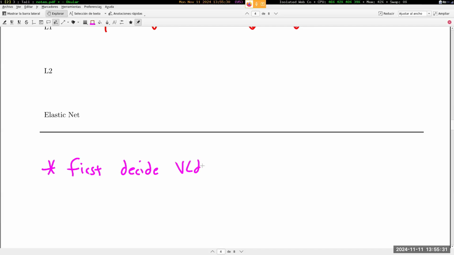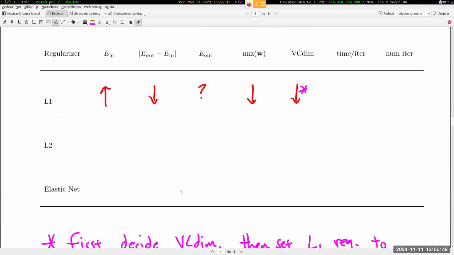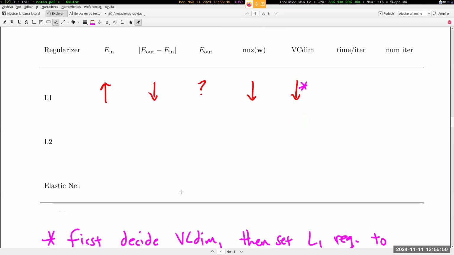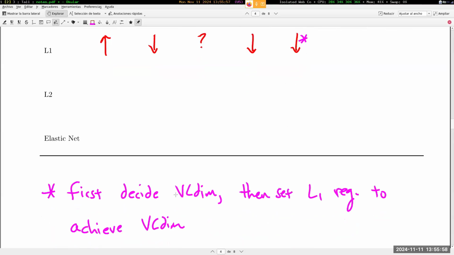Decide VC dimension, then set L1 regularization to achieve that VC dimension, and not vice versa. If you use L1 regularization and you get a sparsity of 50%, that doesn't mean that your VC dimension is half of what it was. You have to make that decision in the right order.